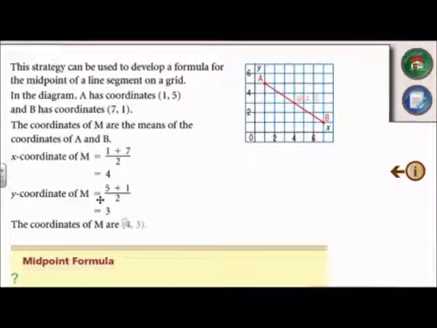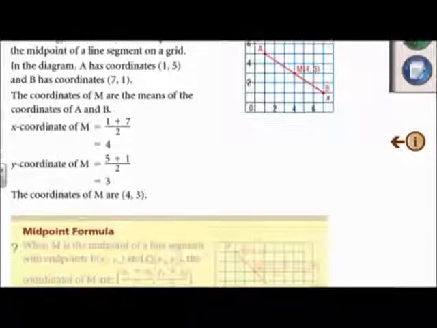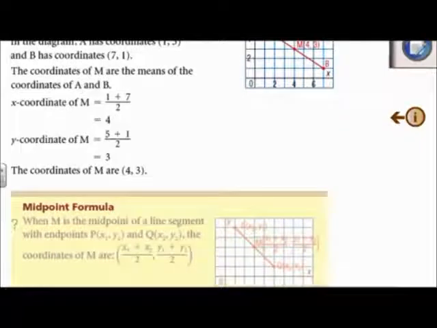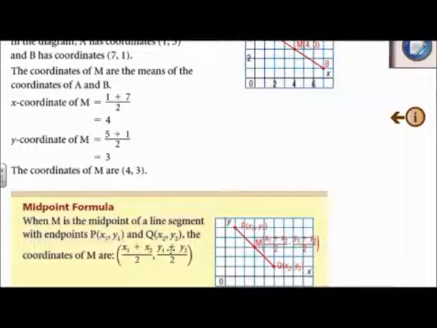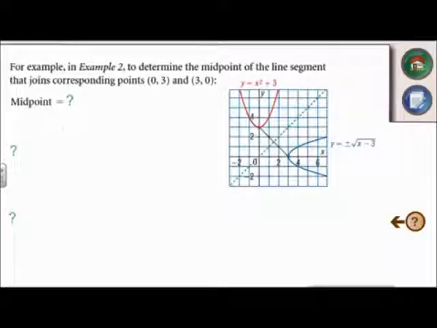So (4, 3), hey, found it a different way. And that's using our midpoint formula here. The x's, add the 2 of them up, divide by 2. Average. Add the y's, divide by 2. Find the average. So your book there shows you how to find the midpoint between the two of them.